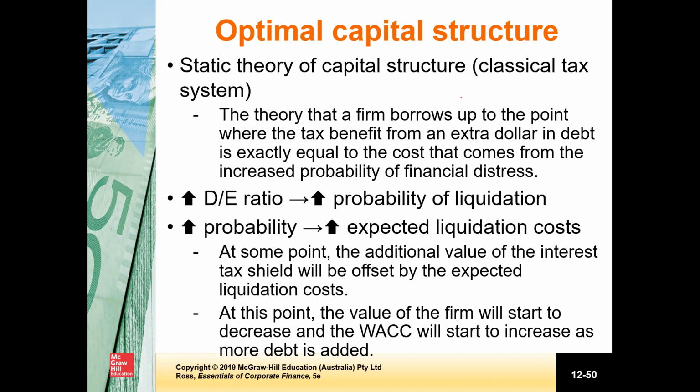And in this video, I'm going to talk about optimum capital structure. If you recall, in the last two videos, we have established the basis for an optimum capital structure. A firm will borrow because the interest tax shield could be valuable for some of its shareholders.